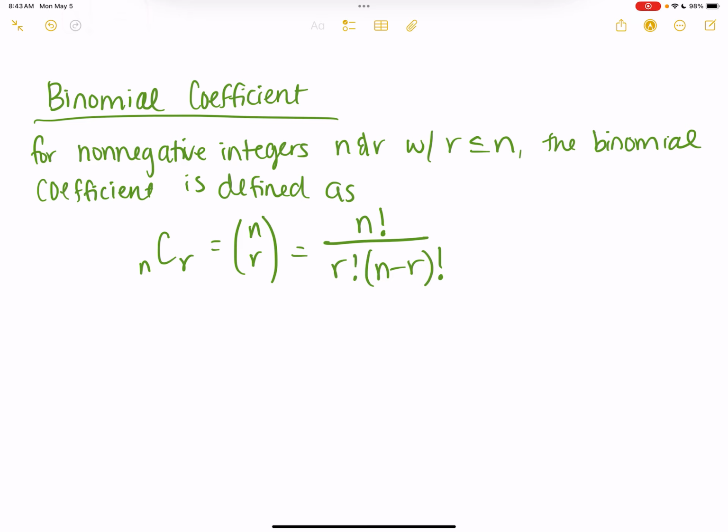Now, if you have the newer calculator, then when you hit that button, it's going to bring up a little box right here and a little box right here. You're not actually going to see the letters n and r, so you just have to know which one's which. It's always the total number that you have and then what you're looking for. But you will just type in the boxes if that's the case.